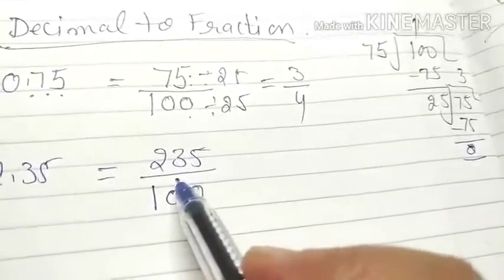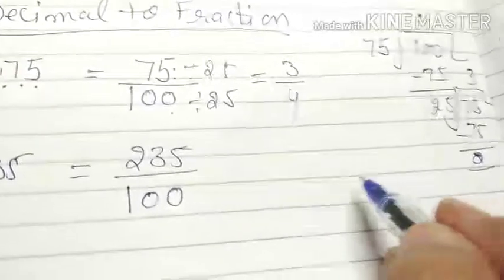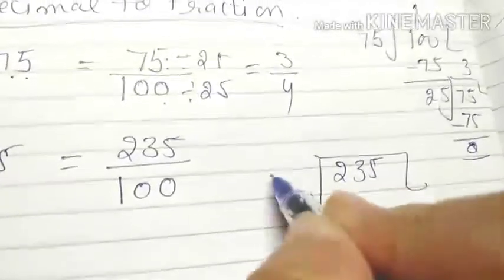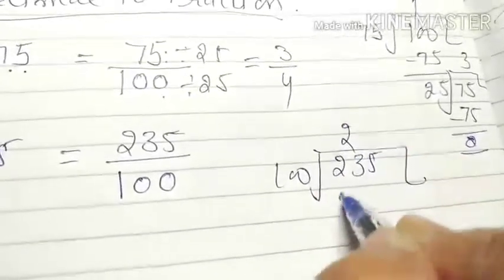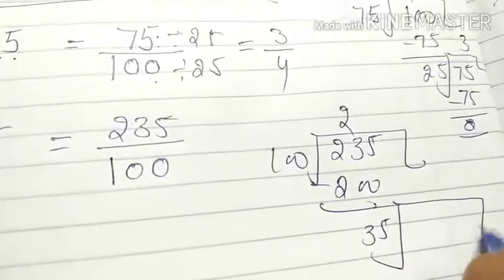Now I will find the HCF of 235 and 100. First 100 2s are 200, which gives me 35.